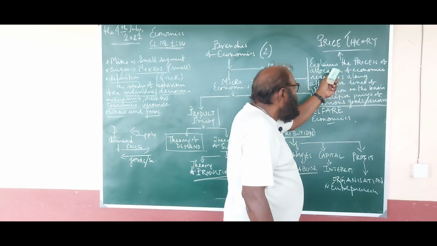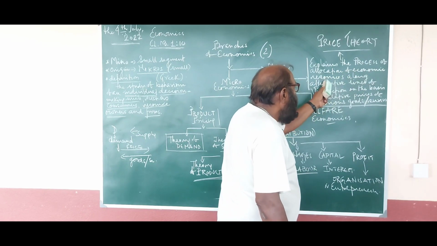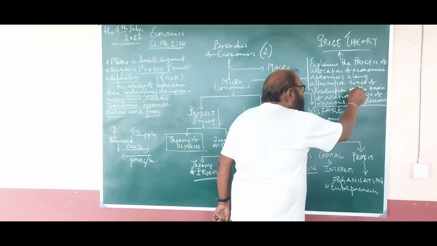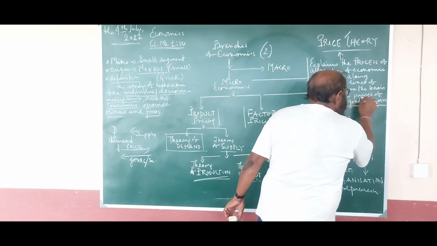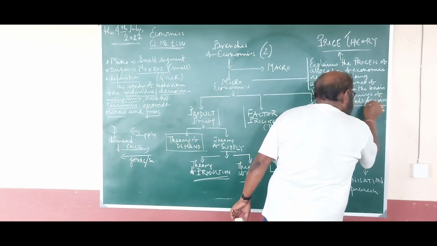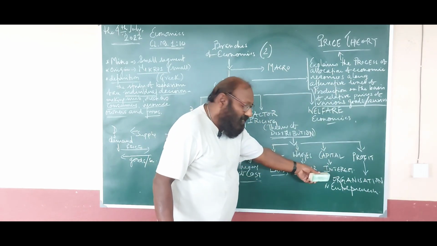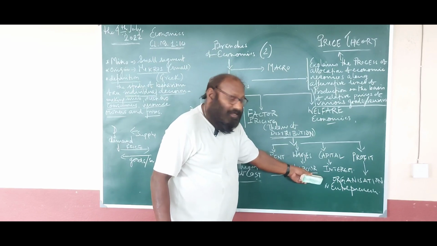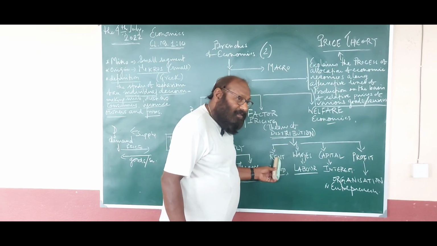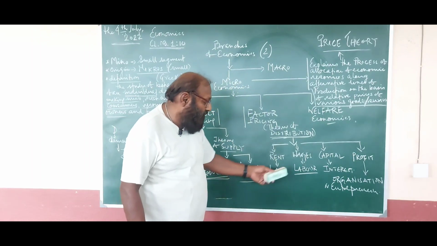What is pricing theory? Pricing theory is that which explains the process of allocation of economic resources along the alternative lines of production on the basis of the relative prices of various goods and services. This is the price for the relative resources. What are the resources? Number one, land, for which you have to pay rent.